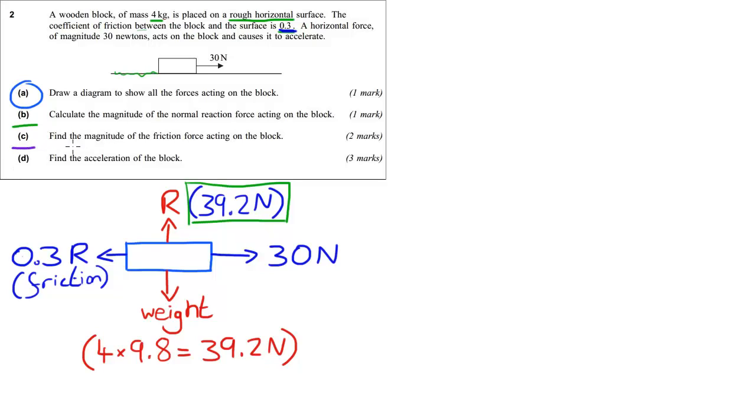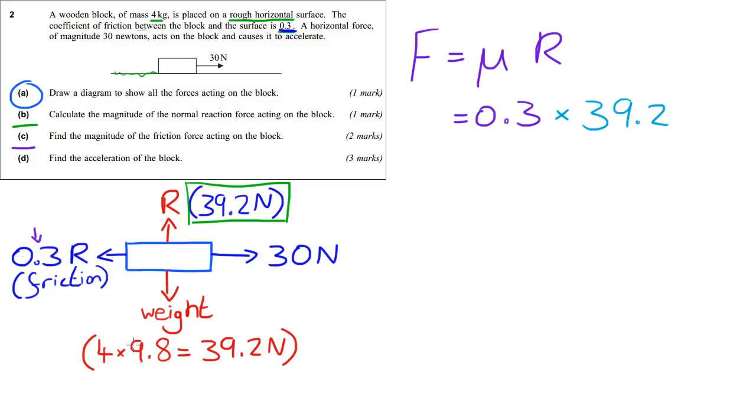Find the magnitude of the friction force acting on the block. Well, F for friction force. Friction force is equal to mu times R. Mu here is this 0.3, the same as this 0.3 here. So mu is 0.3, and we are going to times that by our R, our 39.2, or 4 times 9.8.